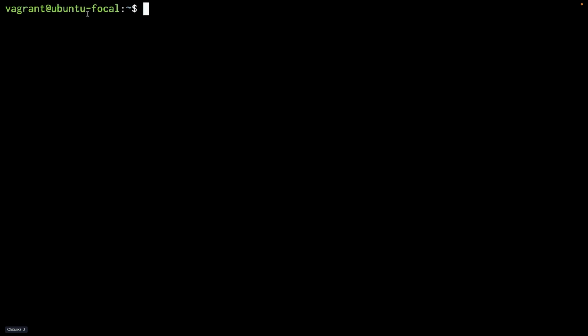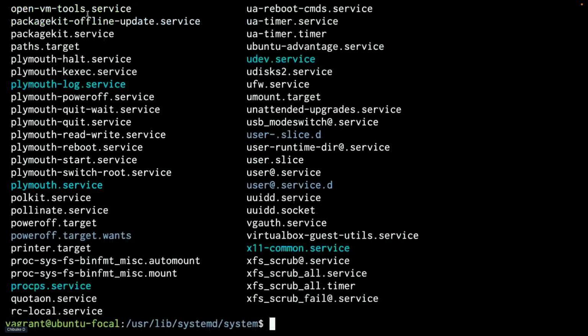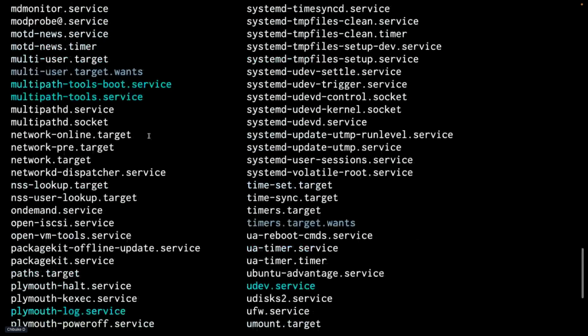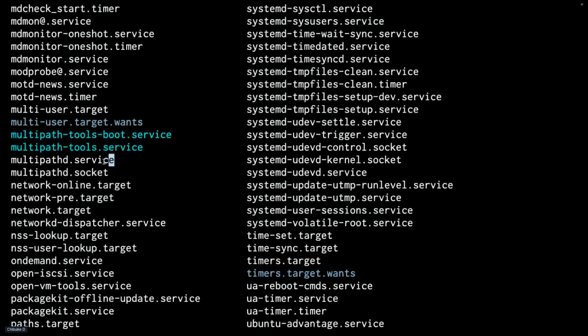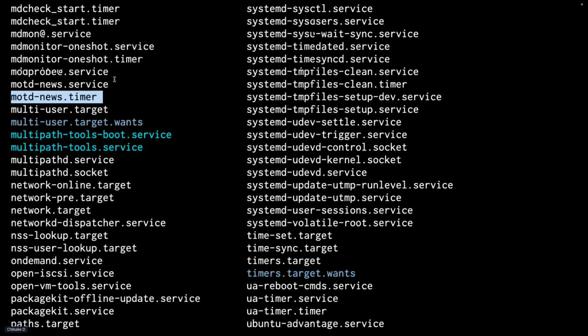Now, the system files are located in different directories. Some of the directories are the lib directory. This is where the library for systemd is located for the system files. Here you can see the package managers running. You can see the service parts. These are all the services that are running on systemd. Can you all see some of the units I was talking about?